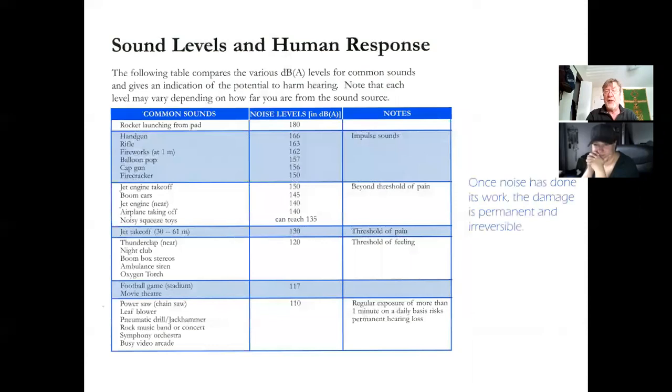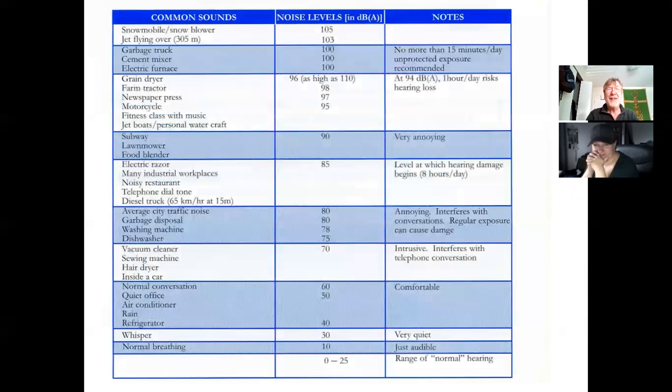Okay, basically another thing that talks about noise that's really intense. Look at a rocket launch from a pad, 180 decibels. That'll be an eardrum blower outer. Again, just giving you all kinds of things, but basically the cutoff is around 85, the level at which hearing damage begins for 8 hours a day.